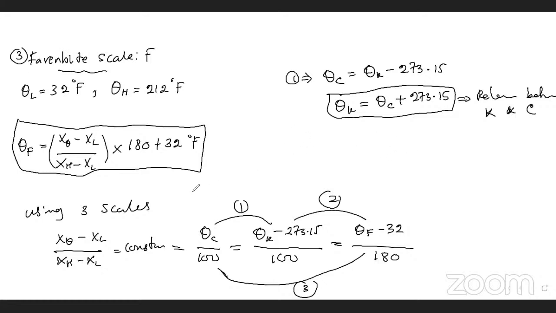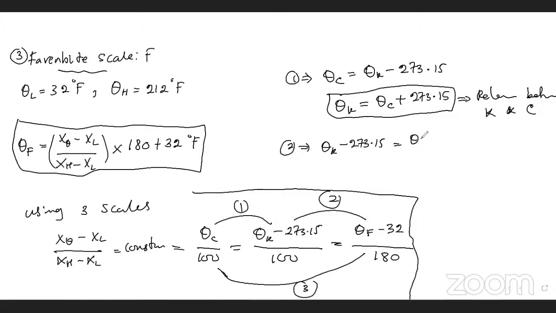And using the second equation, theta K minus 273.15 divided by 100 equals theta F minus 32 divided by 180.